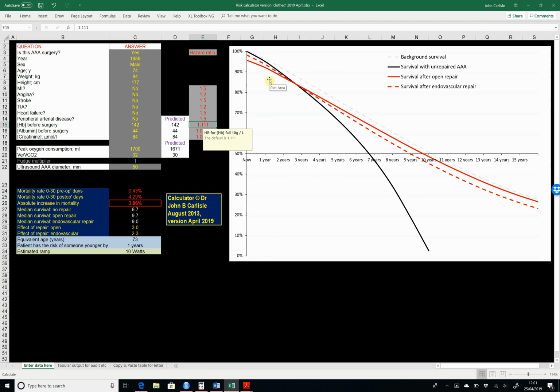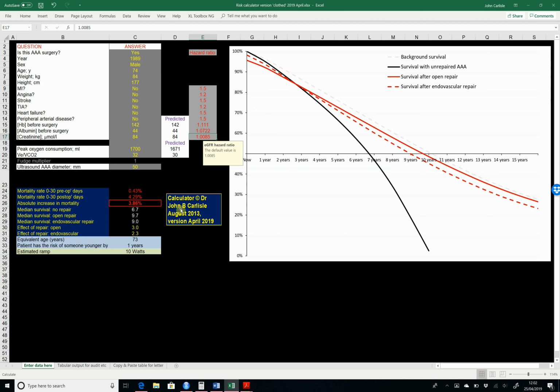If they're anemic, then risk goes up relatively by 11% or 0.11 for each gram per litre you're anemic. Risk goes up by about 7%, 0.07 for each gram of albumin you're below predicted, and similarly for creatinine concentration, although this is for the eGFR, the calculated eGFR.